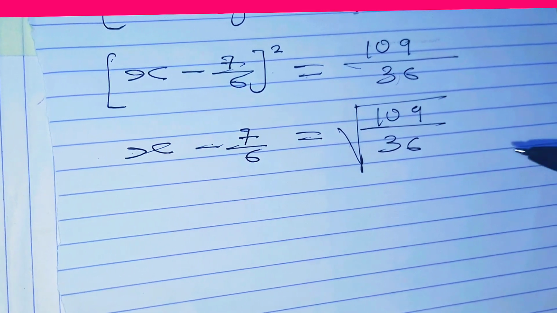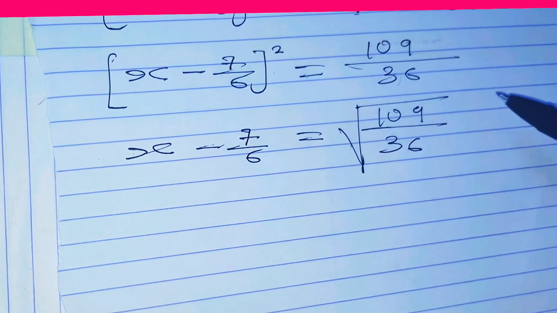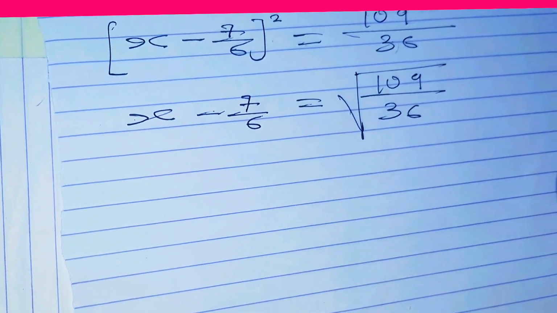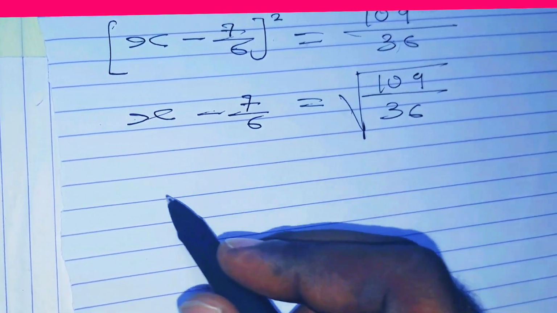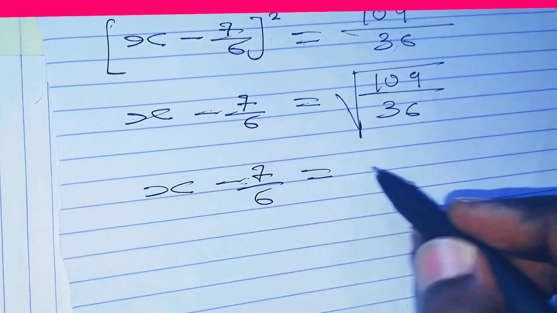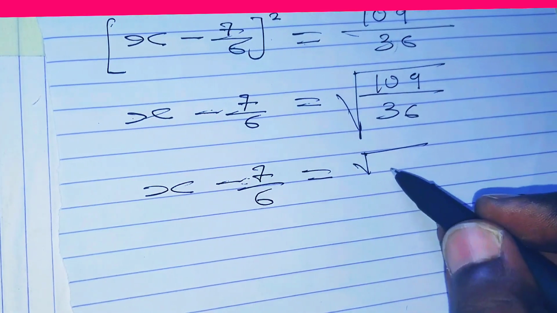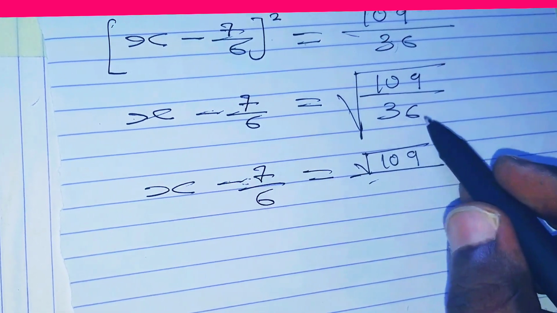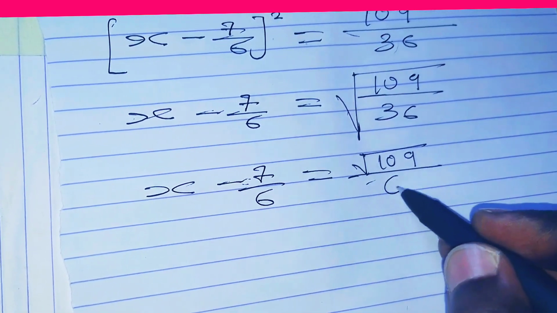Just like you know, 109 is not a perfect square number. So it's going to give us some kinds of decimal values. That is the values of x there. So our x here, minus 7 over 6 equal to, then we limit the square roots now to the numerator because it's not a perfect square, over the square root of 36, which is a perfect square, is 6.